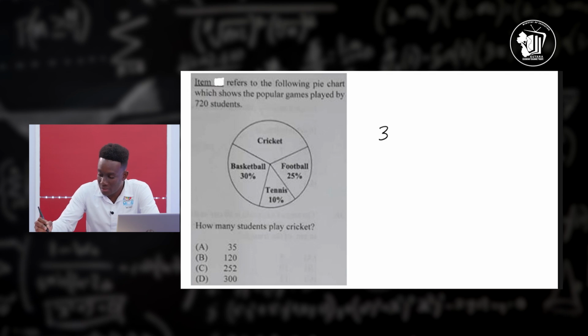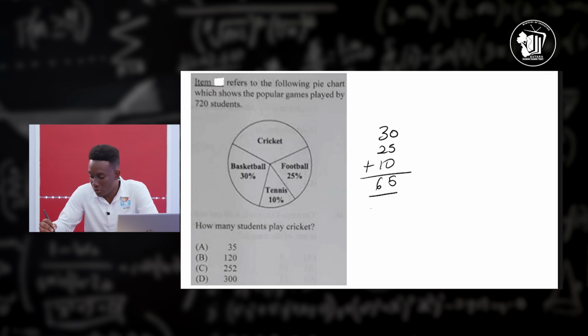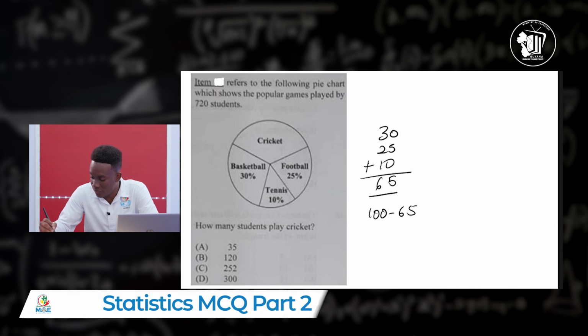So we know 30 plus 25 plus 10 would give me a total of 65% in total. So that leaves a remainder of 100 subtract 65 would give me 35. So 35% of students play cricket.